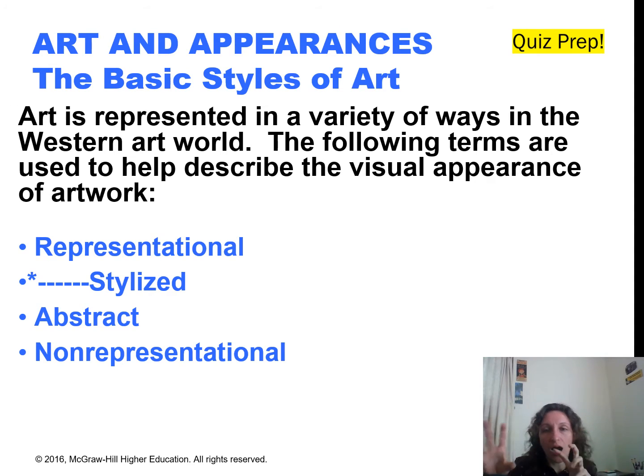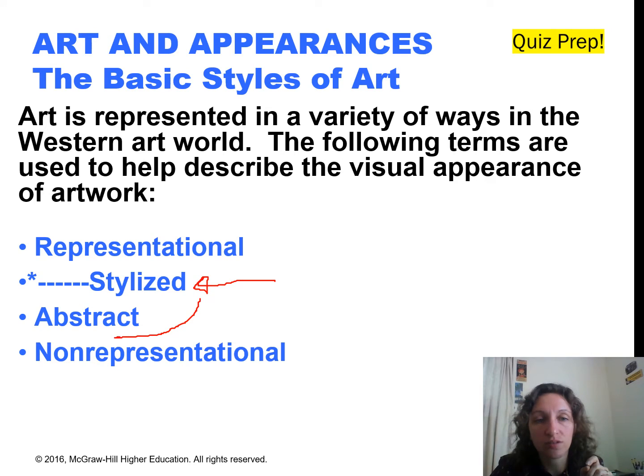I'm not adding information that's not in the book, but I am telling you that Stylized, which your book uses as a secondary to abstract, kind of like a subsection of abstract, I believe is its own style of art. So let's explore all of these terms using those artworks that we just saw.